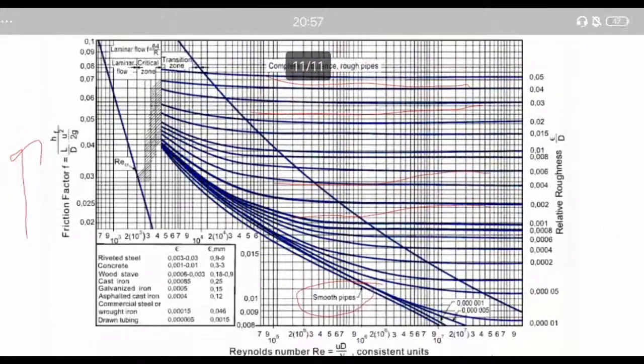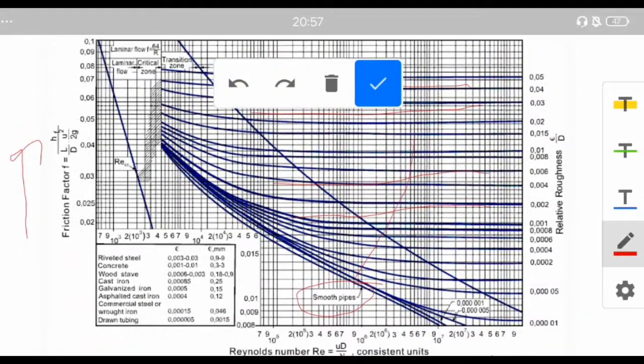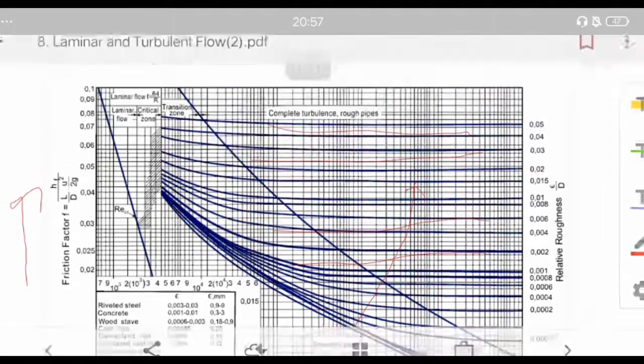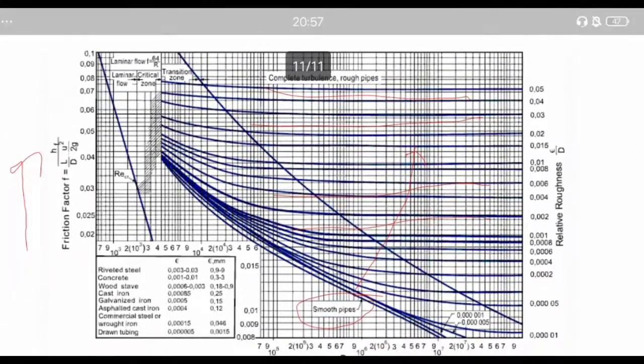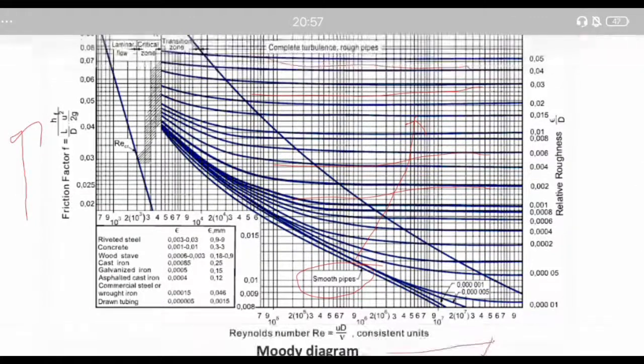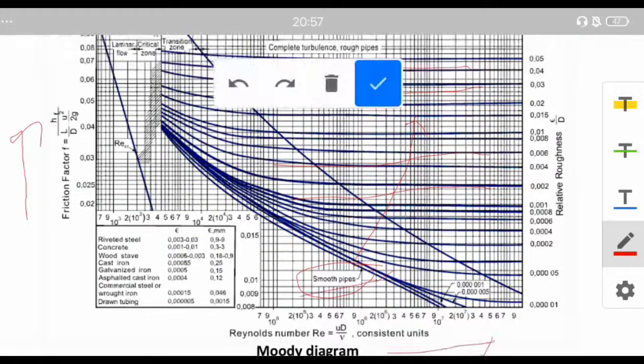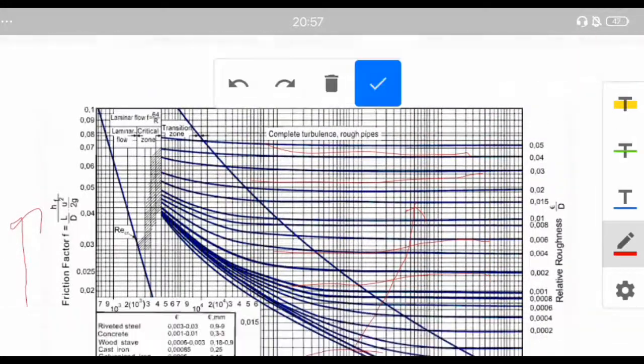So you can see, if you are going upwards, there is a change from smooth pipes to complete turbulence or rough pipes. In between there will be the transition zone.